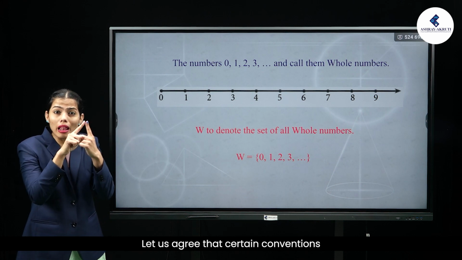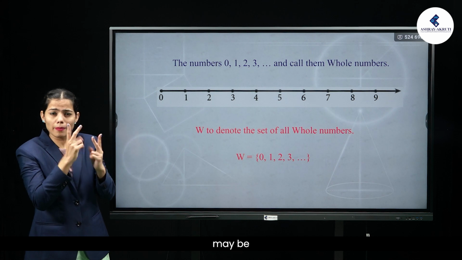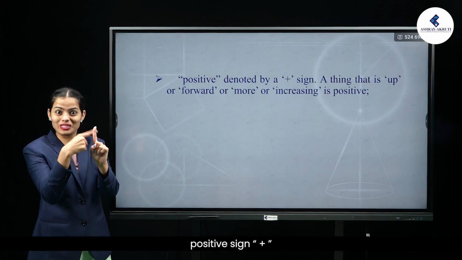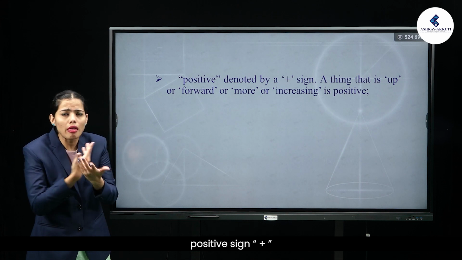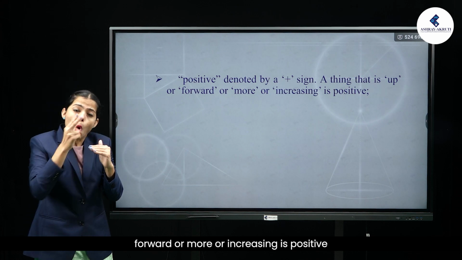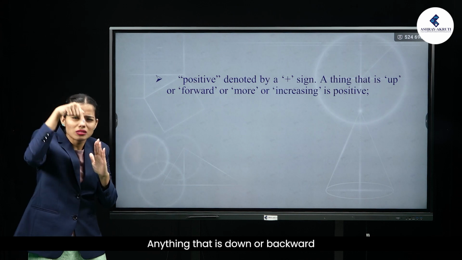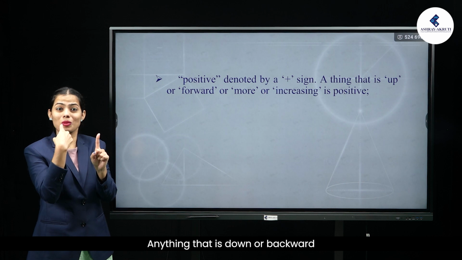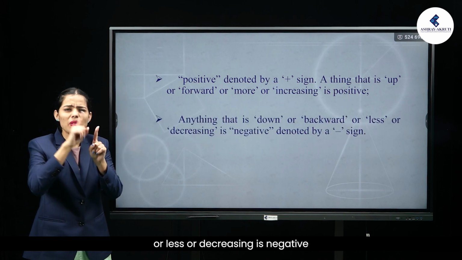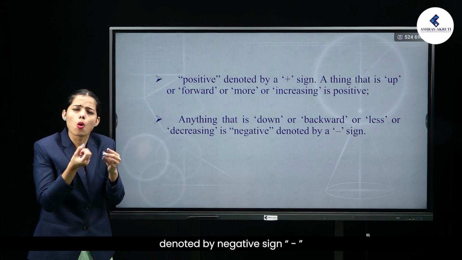Let us agree that certain conventions may be thought of as positive, denoted by a positive sign. A thing that is up or forward or more or increasing is positive, and anything that is down or backward or less or decreasing is negative, denoted by a negative sign.